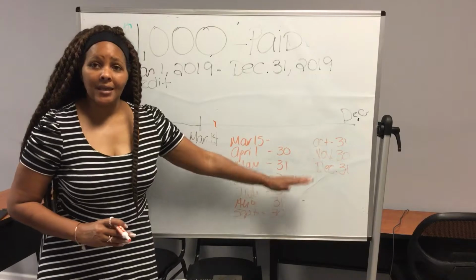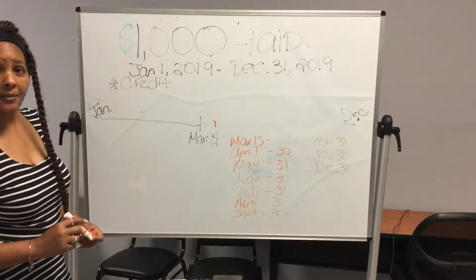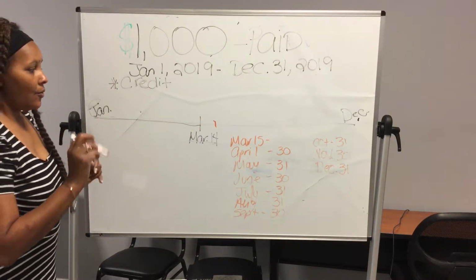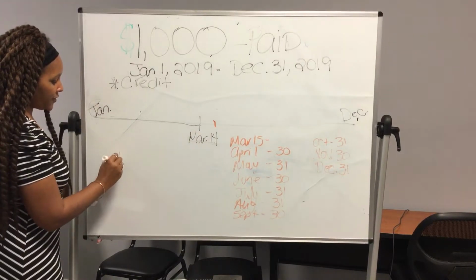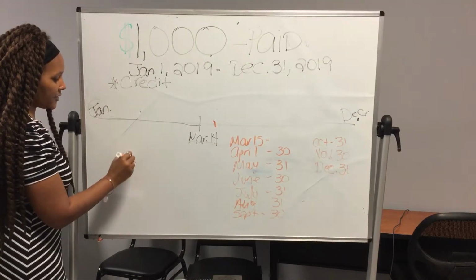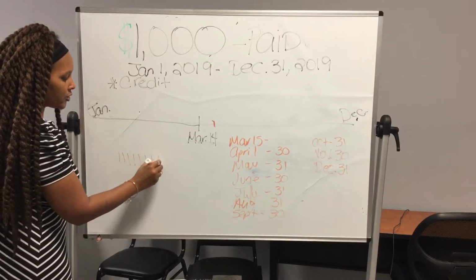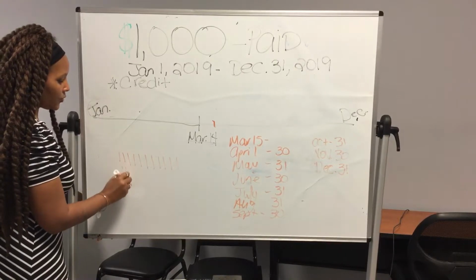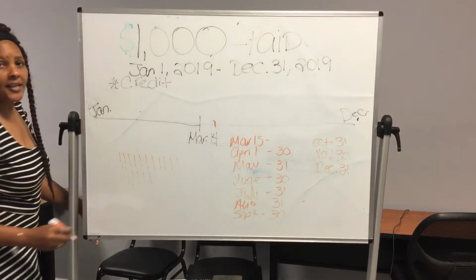And because they did not own the property, they are entitled to a refund. So we're not going to do any subtraction, we're going to use our tick marks. So beginning March the 15th, 16th, 17th, 18th, 19th, 20, 21, 22, 23, 24, 25, 26, 27, 28, 29, 30, 31 days in March.